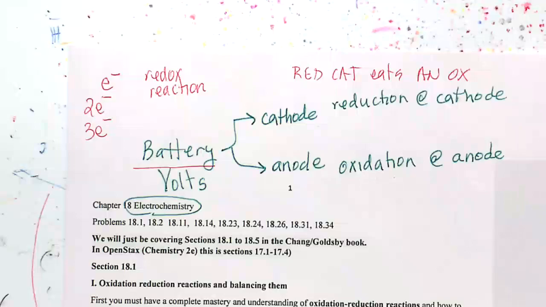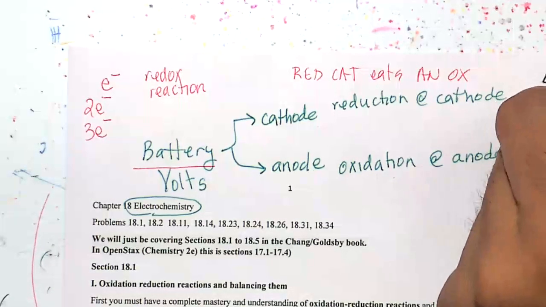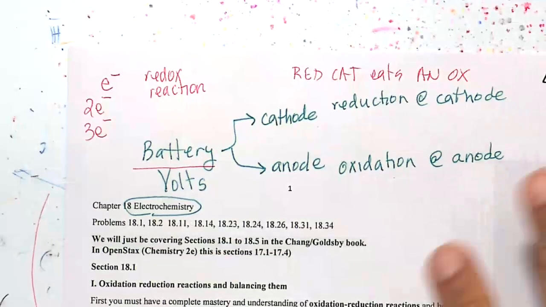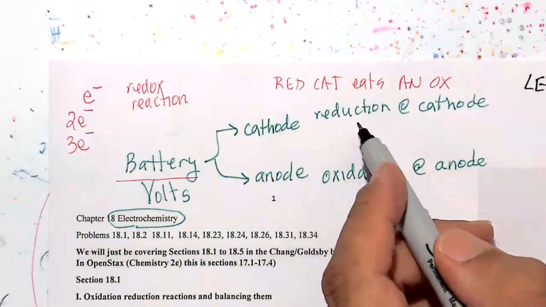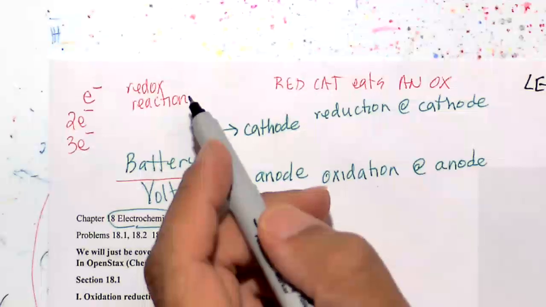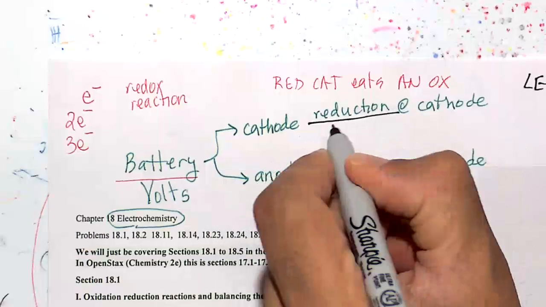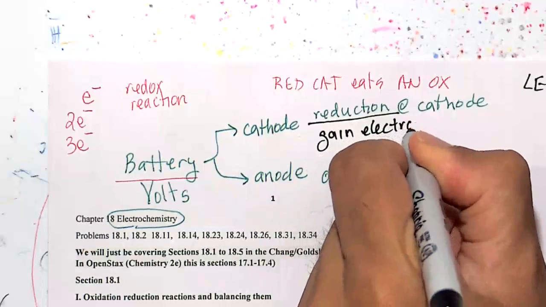So what is reduction? Have you heard of Leo Gurr? My friend, his name is Leo Gurr. So what happens at the cathode, reduction. See, this is all a transfer of electrons, 1 or 2 or 3 electrons. A reduction is where you gain electrons.